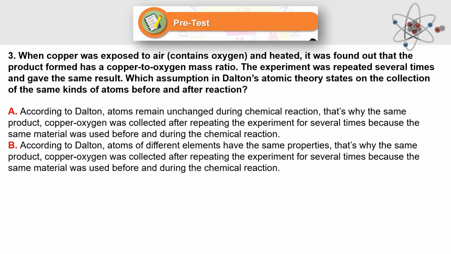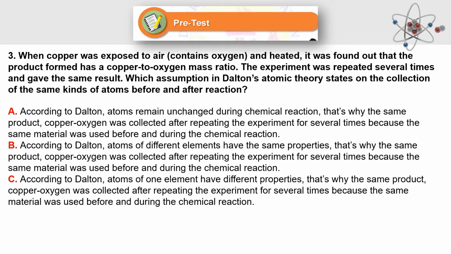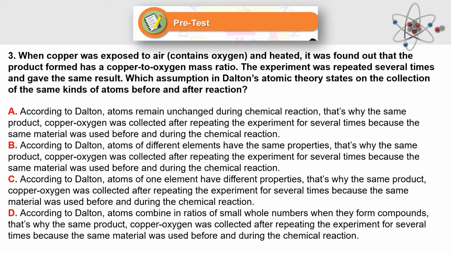Letter C. According to Dalton, atoms of one element have different properties. Letter D. According to Dalton, atoms combine in ratios of small whole numbers when they form compounds. Each option is followed by the same justification, that the same product was collected after repeating the experiment for several times because the same material was used before and during the chemical reaction.